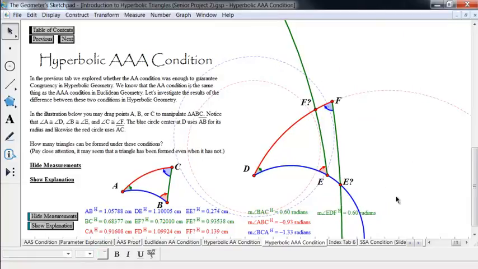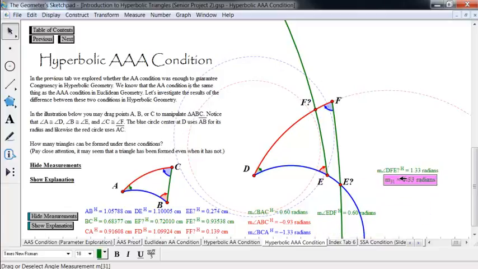Okay, and then we want ABC. So ABC should correspond to DEF. No, DEF, excuse me. Wrong. Yeah, that one.